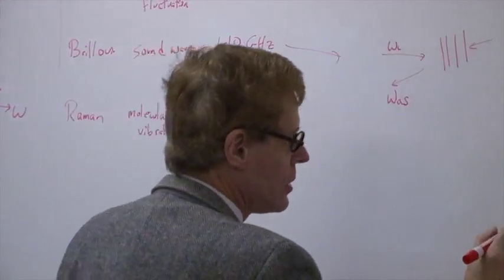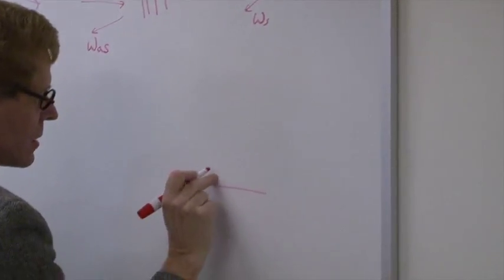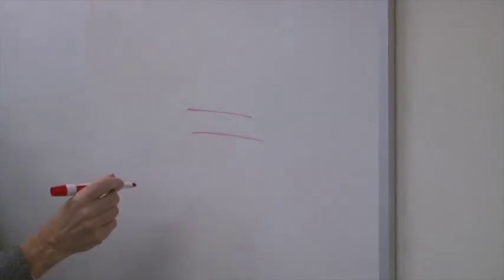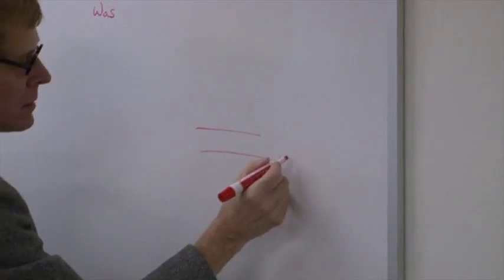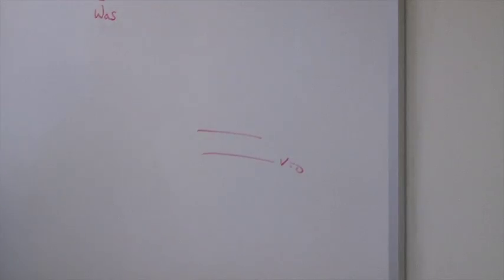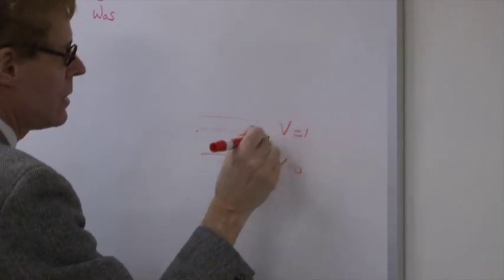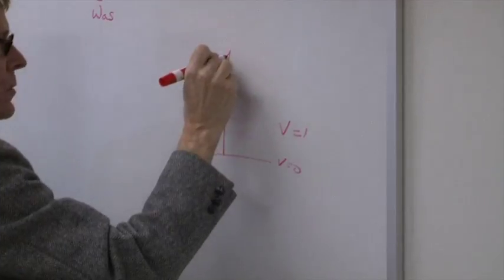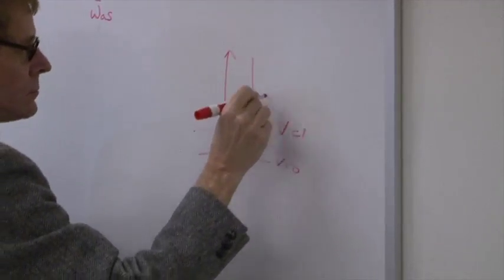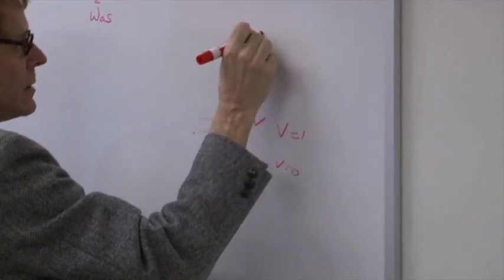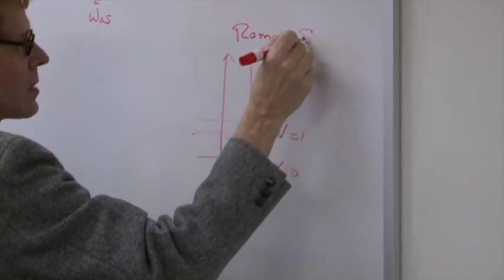Now, why is it that the Raman Stokes is strong, but the Raman anti-Stokes is weak? Well, we could symbolically show this. Here is the ground vibrational state called V equals 0. V is often a vibrational quantum number. Here is V equals 1. So this is Raman Stokes.